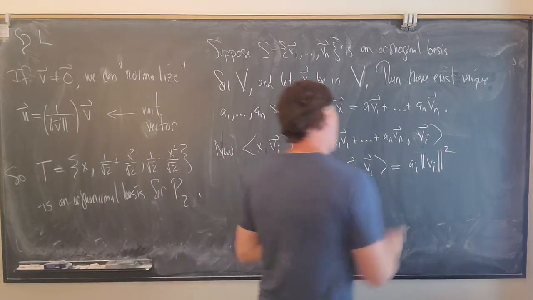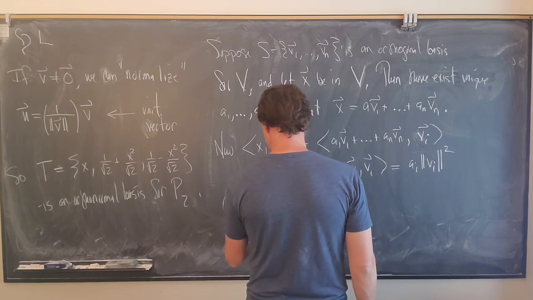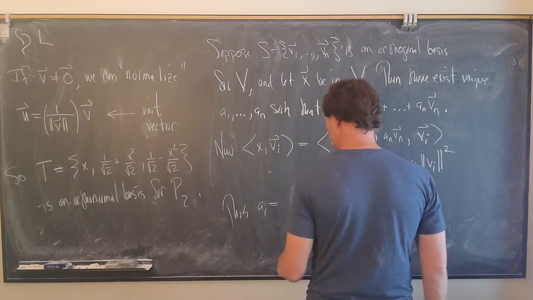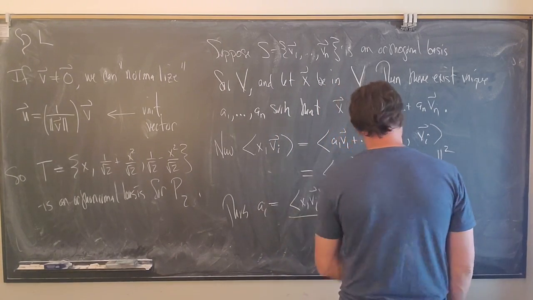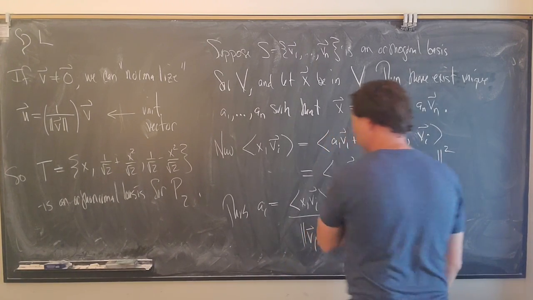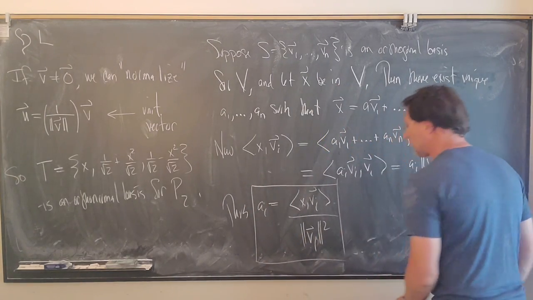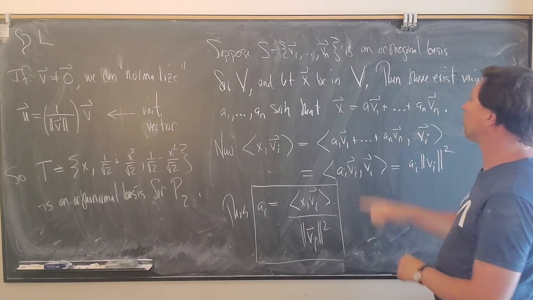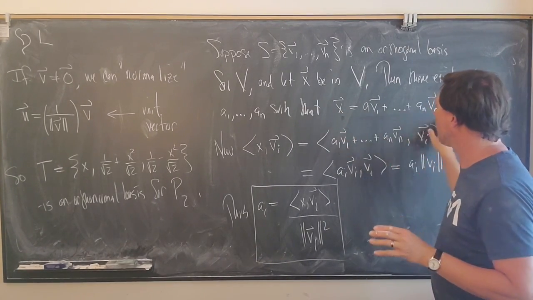And so now we can solve, so we can say thus, ai is equal to the inner product of x with vi divided by the norm squared of vi. So this tells us exactly how to express x as a linear combination of the basis vectors.